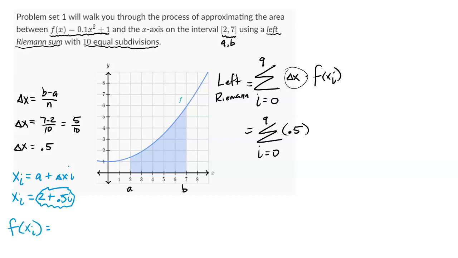Who haven't I called on yet? Aiden Rage. I haven't called on you for a while. What would be f of 2 plus 0.5i? F of 2, oh yeah.